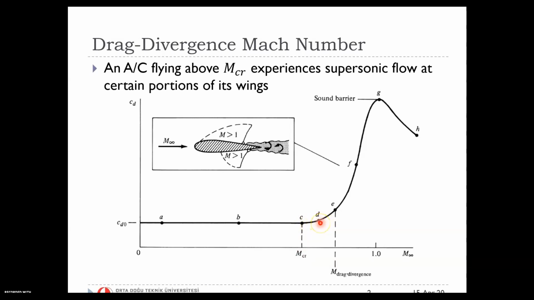Let's increase it even further, to point E, and from this point on, you have a significant, dramatic increase in drag coefficient. The Mach number where this significant increase starts is defined as the drag divergence Mach number.